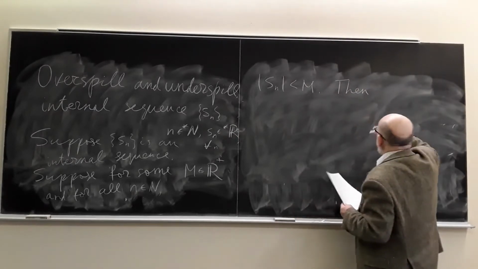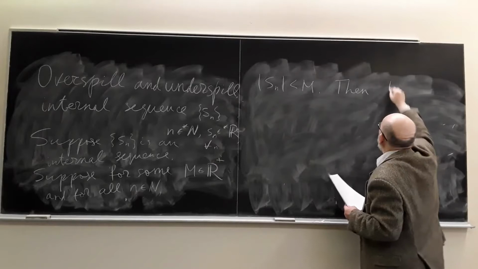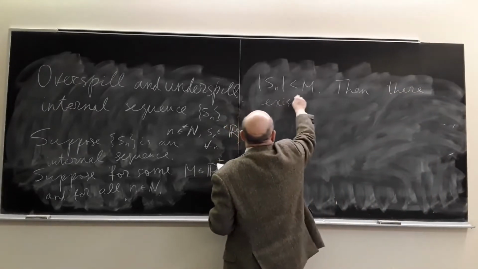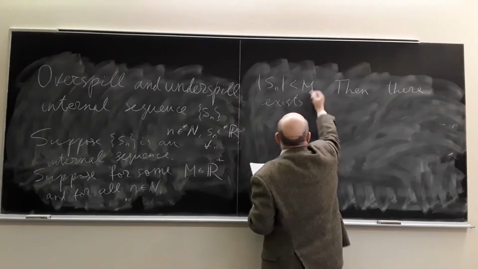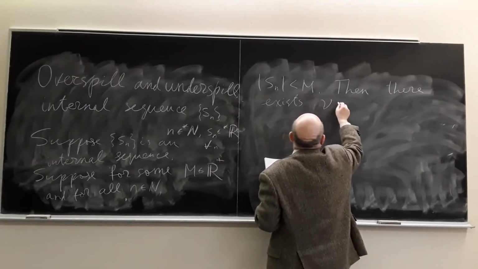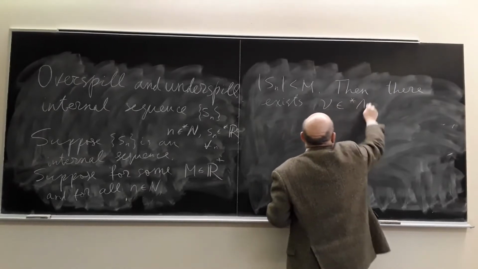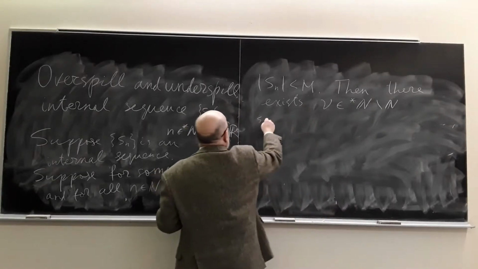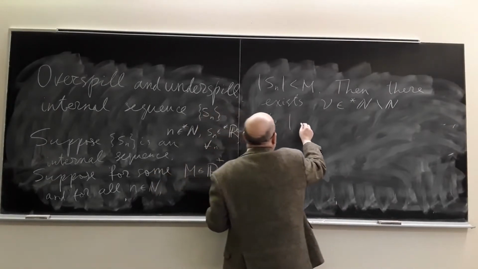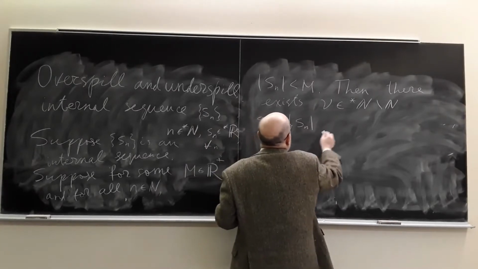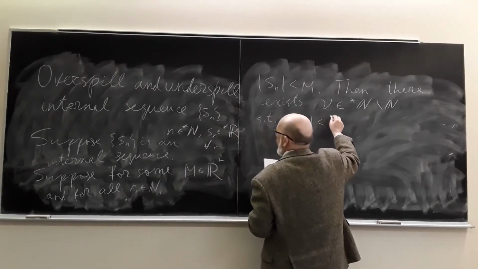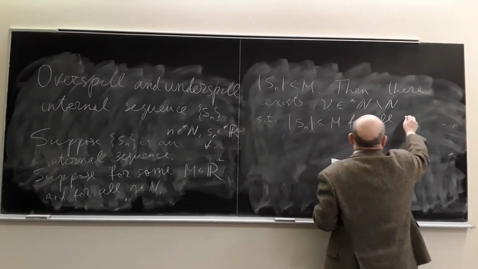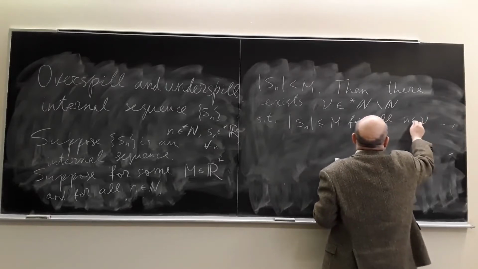Then there exists, say, nu in star N minus N, so an infinite number, such that modulus Sn is less than or equal to m for all n less or equal than nu.